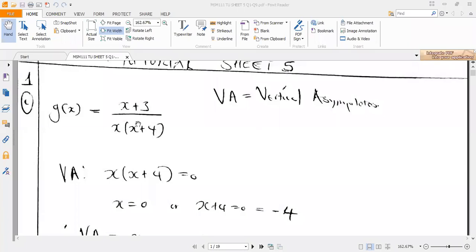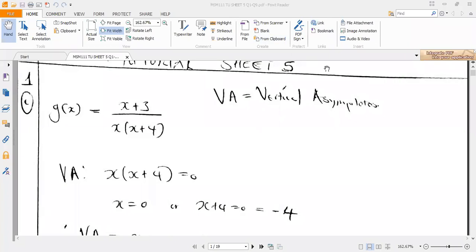So what's the domain for this function, the domain for g of x? What's the domain?